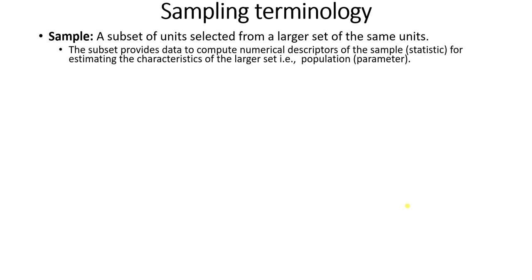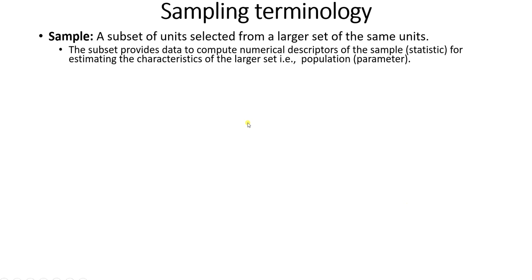For example, we can define the students studying sampling techniques in psychology in a given university, say X. So this forms the population, and from that, if we select a subset of students, then that subset will be defined as a sample.